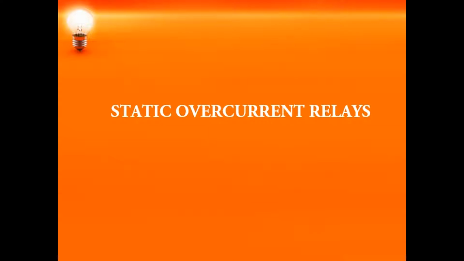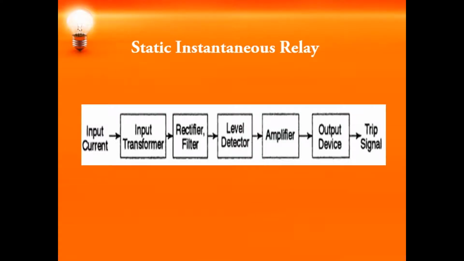This static type of overcurrent relay can achieve better characteristics compared to your electromechanical relays. That is because, see, we have seen in the case of electromechanical type relays, the operating time is given as t equal to k by I to the power n minus 1.